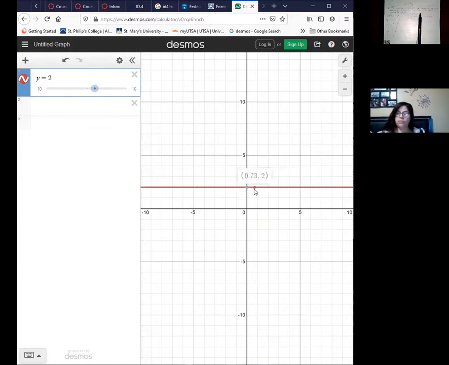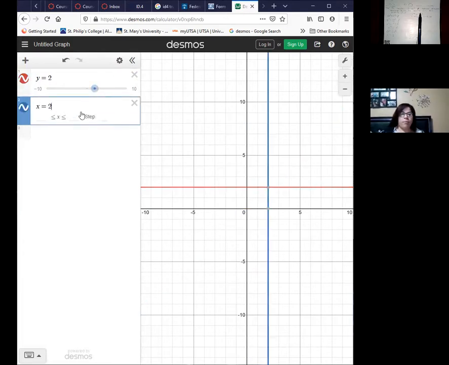What it means is that x can be anything, but y will always be 2. So x equal to 2 does the opposite. X is always 2, but y is every single number. That's what creates the vertical line. Do you remember this?